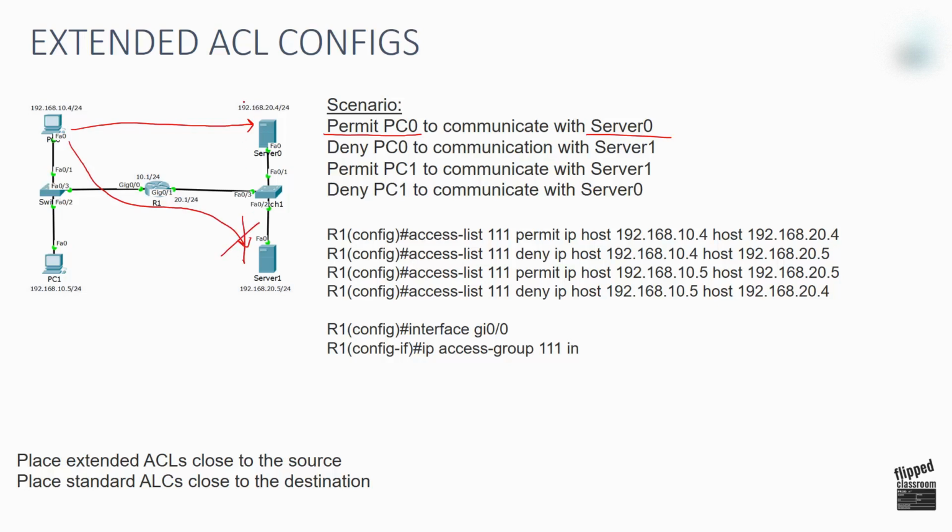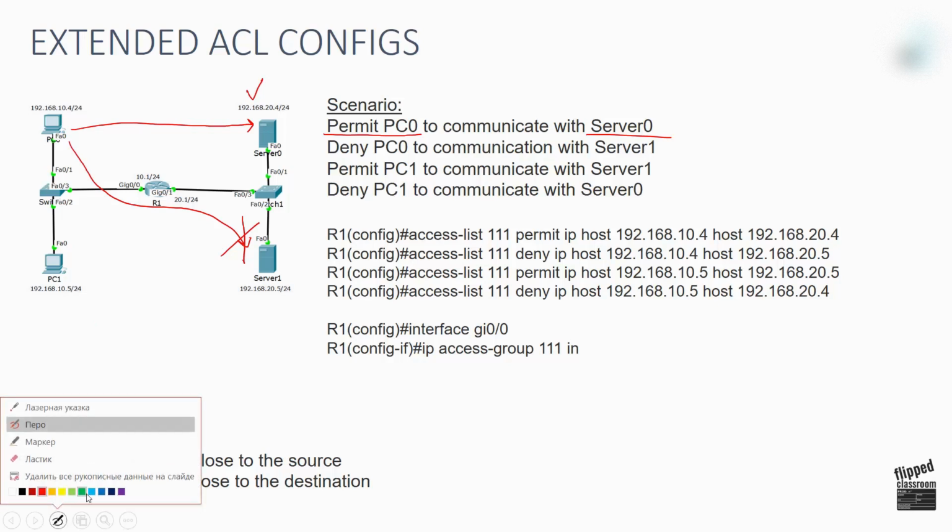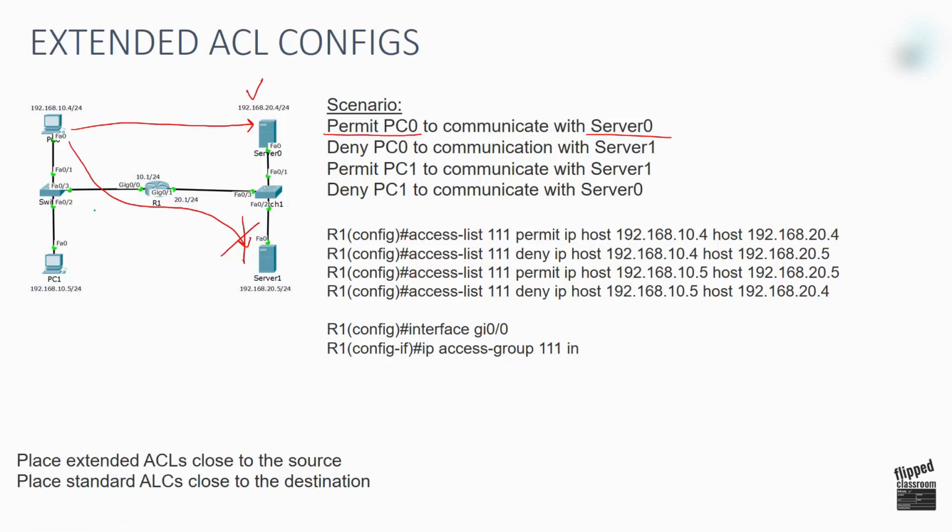The second part of the ACL permits PC1 to communicate with server 1, so PC1 is able to communicate with server 1, but PC1 is not able to communicate with server 0.